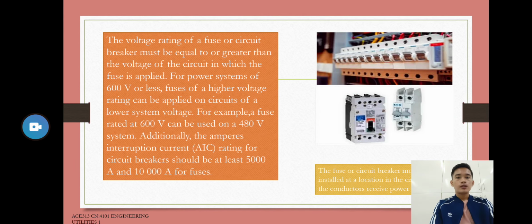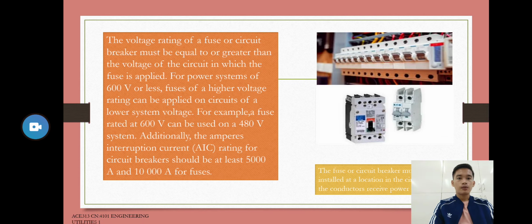The voltage rating of a fuse or circuit breaker must be equal to or greater than the voltage of the circuit in which the fuse is applied, for power systems of 600 volts or less. Fuses of a higher voltage rating can be applied on circuits with a lower system voltage.